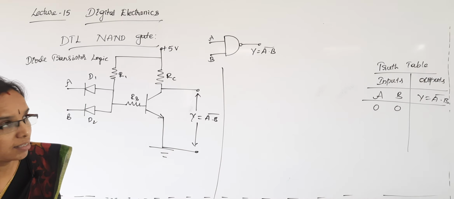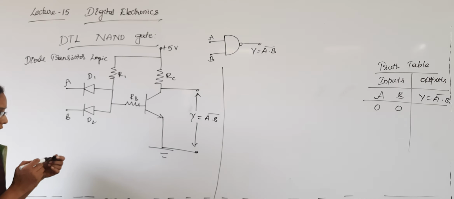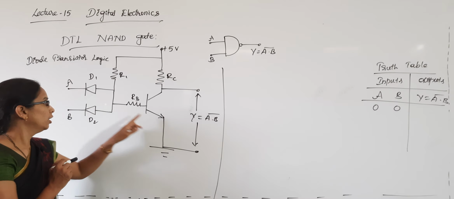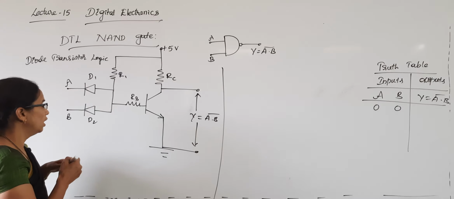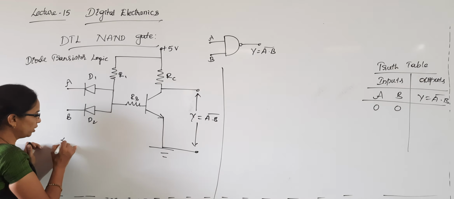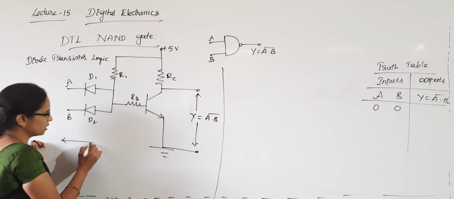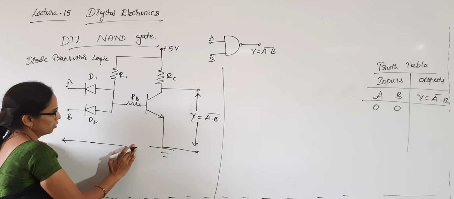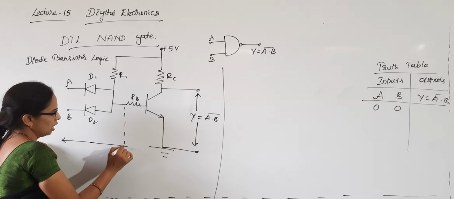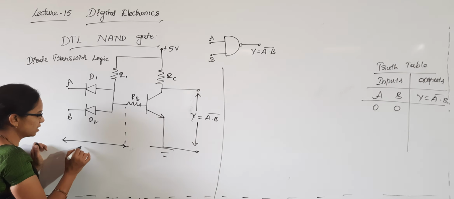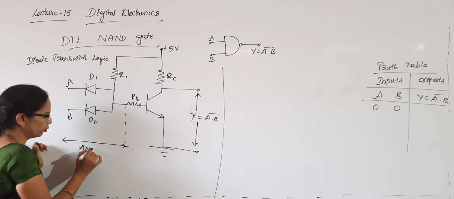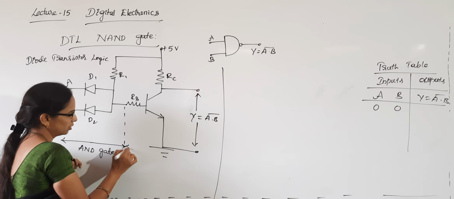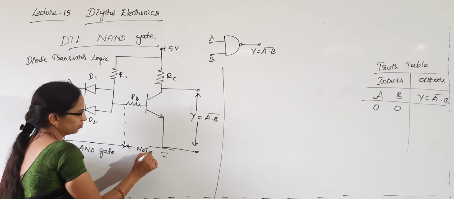Okay. In diode transistor logic, we have 2 diodes and 1 transistor. These 2 diodes, we have already studied as the 2 diode AND gate. Up to this, it is our 2 input AND gate, and after this it is a NOT gate.